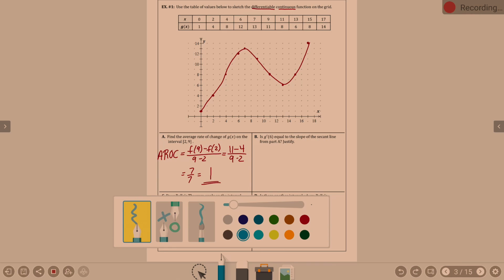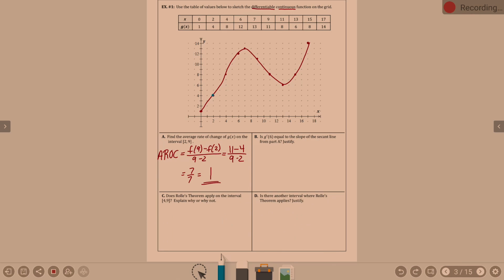Because it's going from that point to that point, so what's your secant line going to look like? I'm not going to be able to draw this one. Nope. Miss. That's closer. Stopping there, and you can see that it's going up 1. Okay. Good enough.